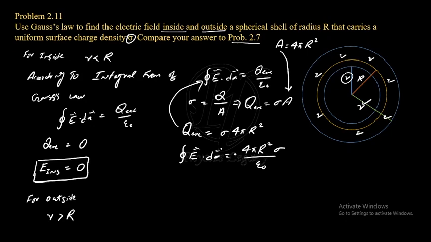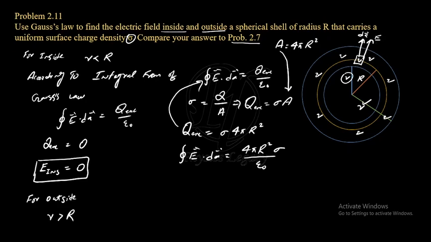And in this equation, as we know that dA is an area vector and it is always normal to the surface. So if we consider this is a small patch of this spherical shell, then the area vector of this patch is pointed in this direction called dA. And we also know that the E field due to positive charge is pointing radially outward, so the E field is also pointing in this direction.